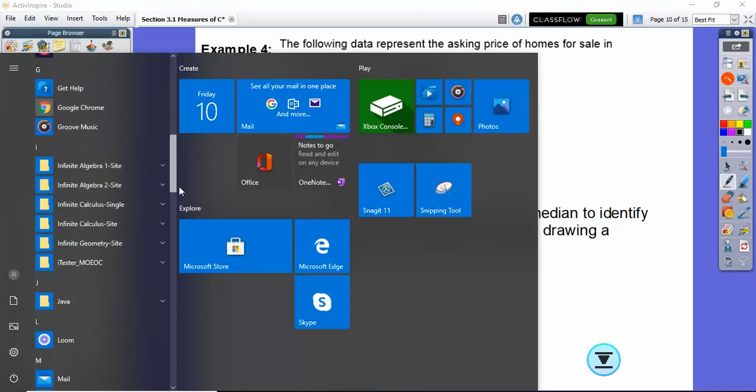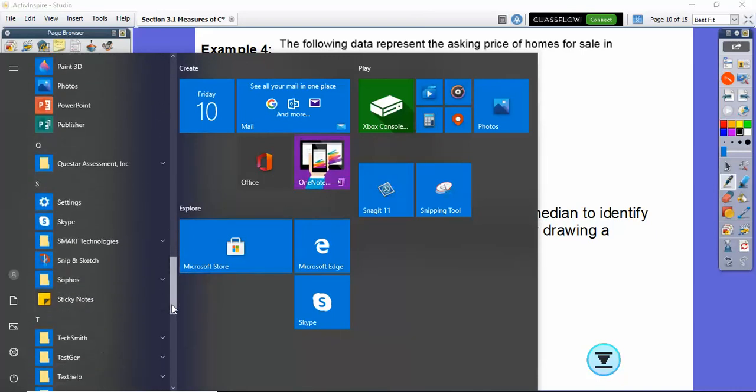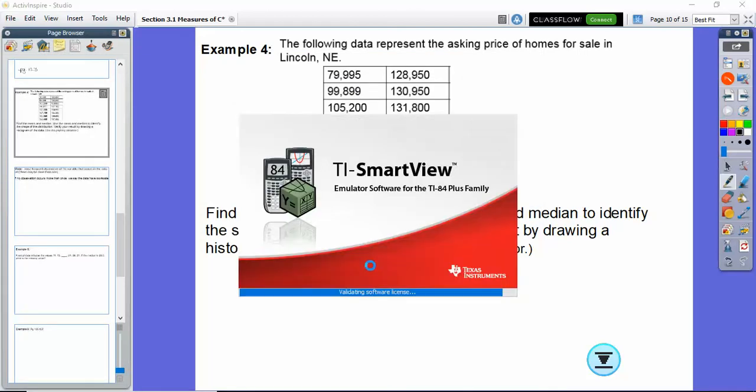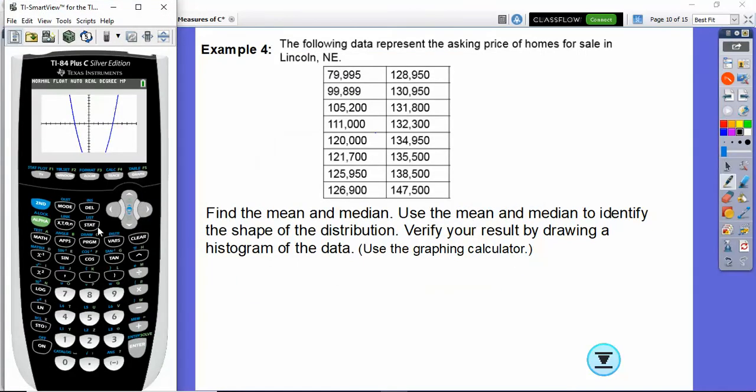So we need to go to Stat, Edit, and we want to put all this in L1. Now remember, if there's stuff in L1, you can go up to the title, hit Clear, not Delete. I don't want you to delete out your list. And so then we are going to type all of these values in our L1.